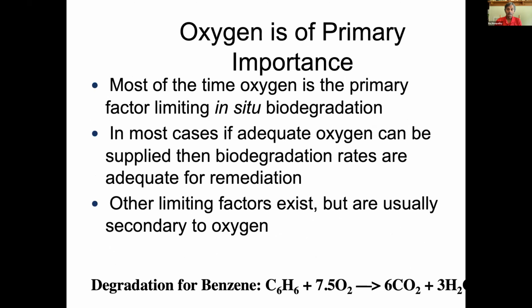As I said, oxygen is commonly used. Oxygen is most of the time a limiting factor in the cleanup process. So all you need to do is provide oxygen, and most of the other factors are mostly available. Oxygen could be the only thing that you engineer to provide in situ conditions.